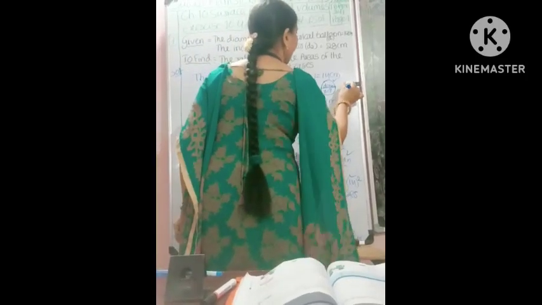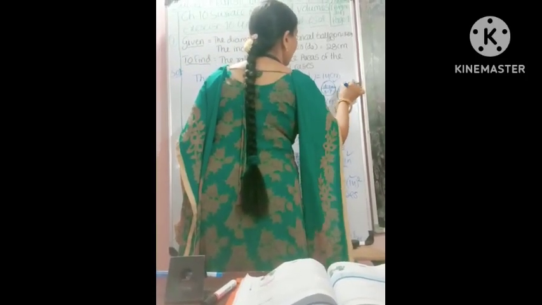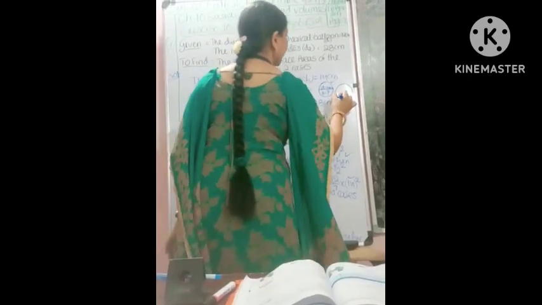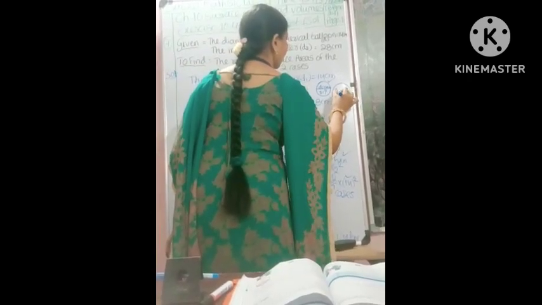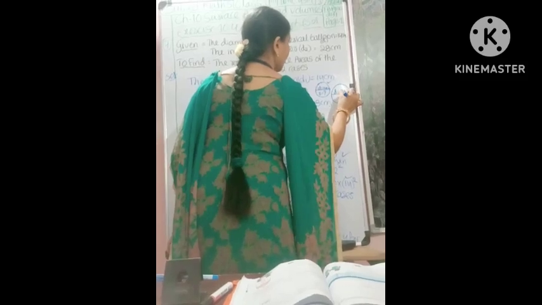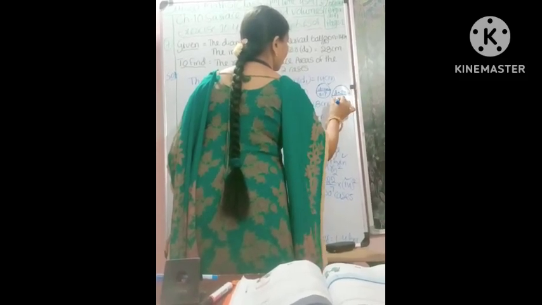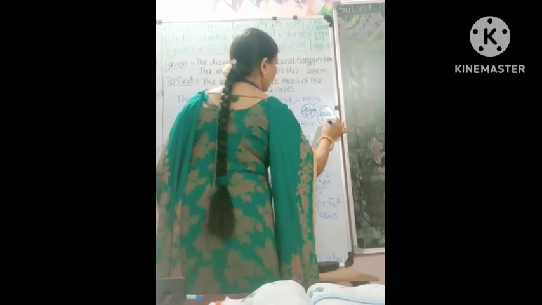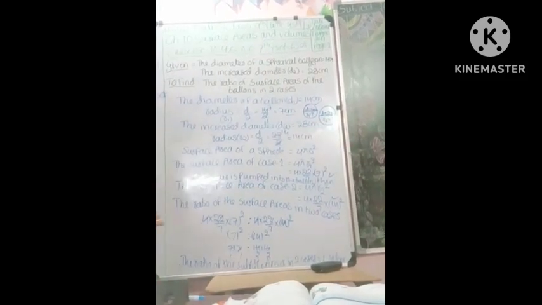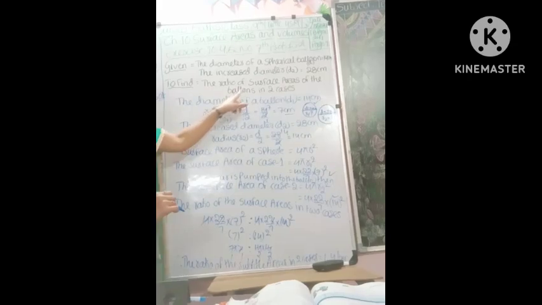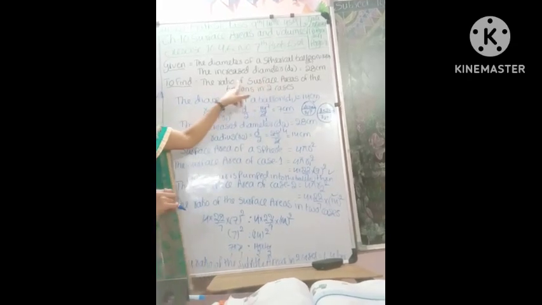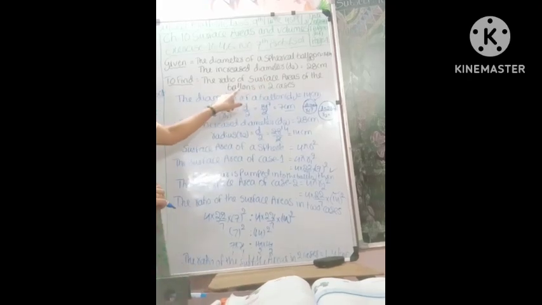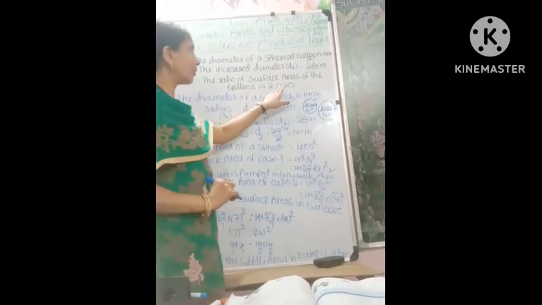Next, when air is pumped into the balloon, the diameter is increased. How much is it increased? D equal to 28 centimeters. So this is the R1 radius, and next I have to calculate R2. Why? Because we want the surface area. What is asked in this question? The ratio of the surface areas of the two balloons. How to calculate it?